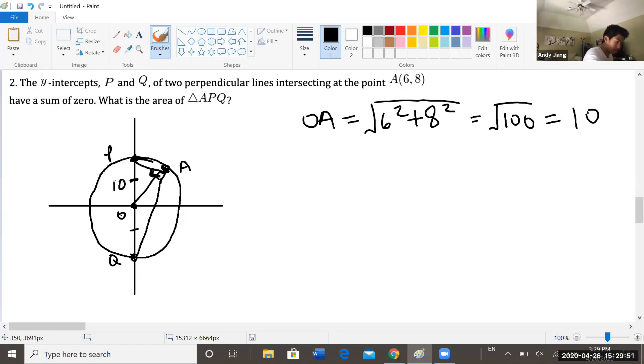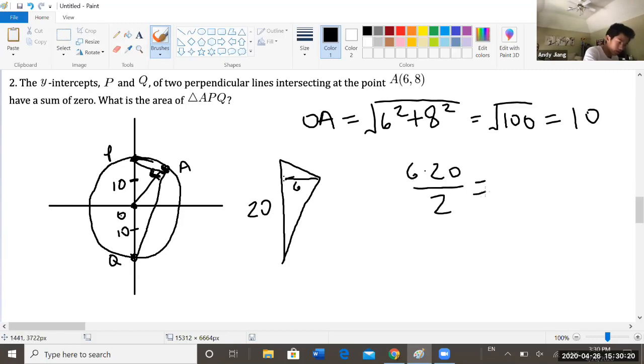So PO is 10, QO is 10. And I'm trying to find the area of APQ. I'll just do that by using the base times height formula. This is 20. And then the x coordinate of A is 6, so I know that I moved 6 units out to the right. So the area is 6 times 20 over 2, and that's 60.